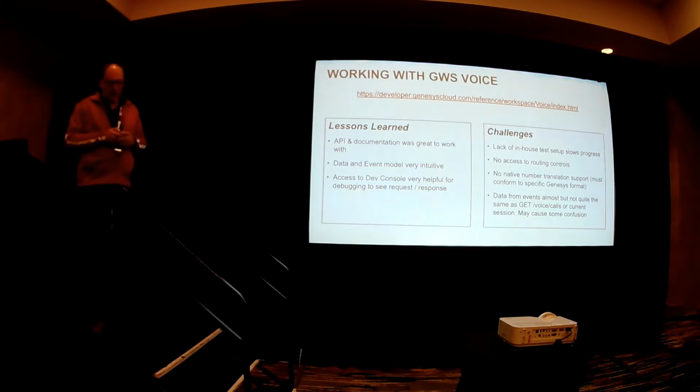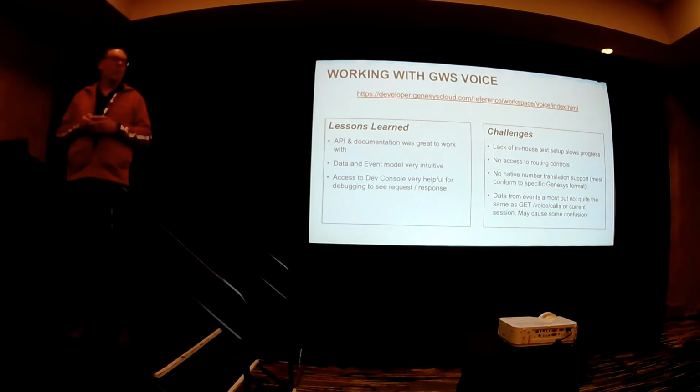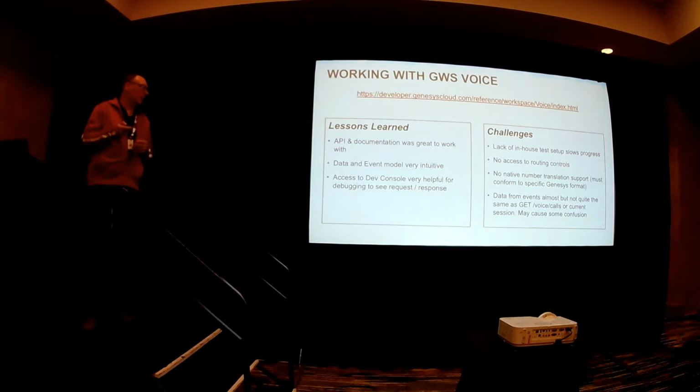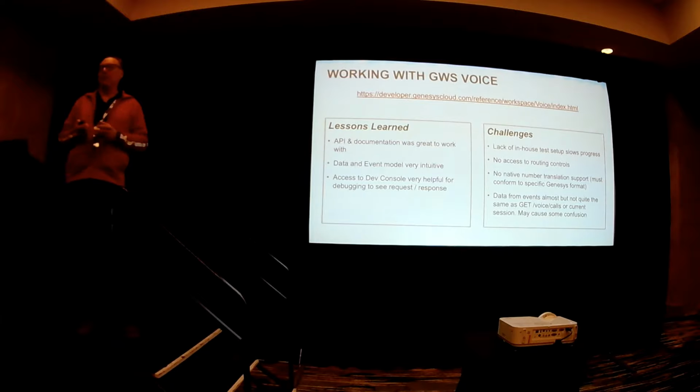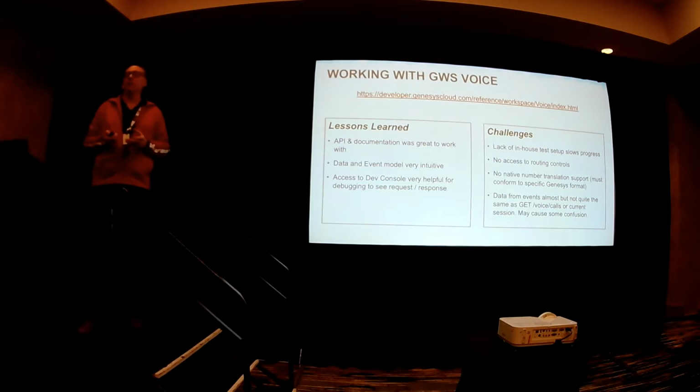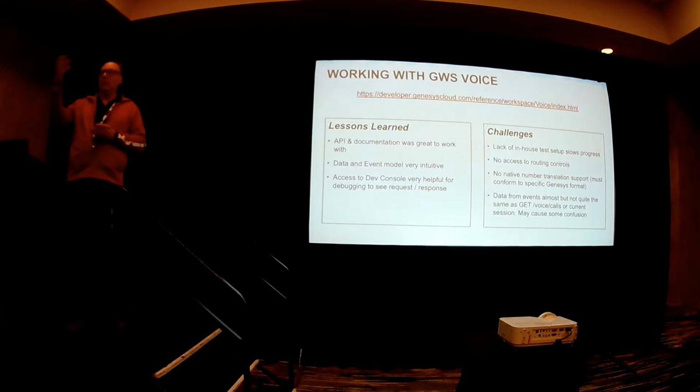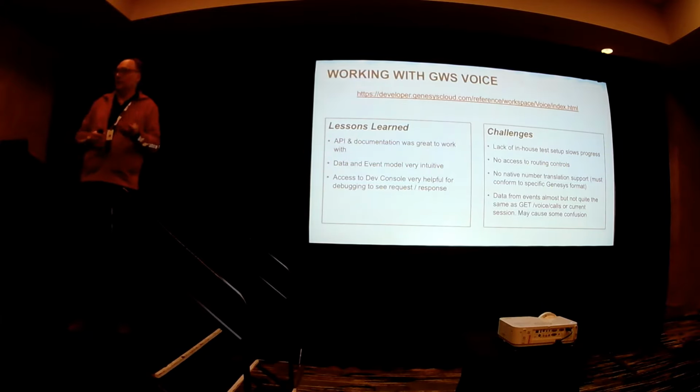One of the things that was a bit of a surprise to us when we started development is that we had inaccurately believed that the Genesis platform provided native translation support. What I mean by that is that phone information, phone numbers and things may be in a certain format in the CRM. That may not be the format that is required by Genesis, right?